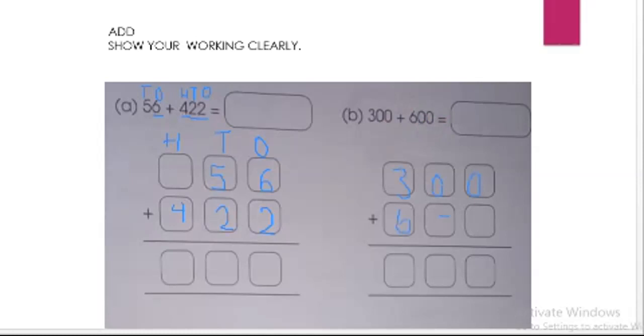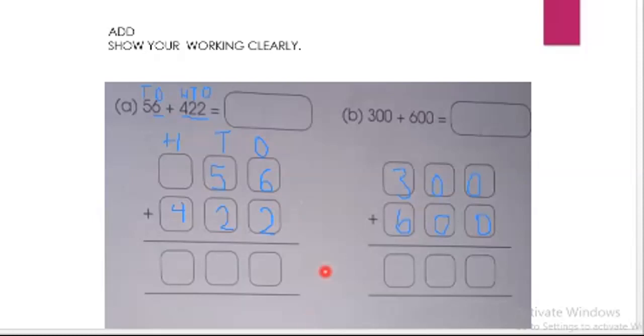My main target of the day was to tell you about the mistakes that you all make, and make sure, my grade 2 students, you are not going to repeat this mistake. After writing the places correctly, you can easily solve and write down your answer.